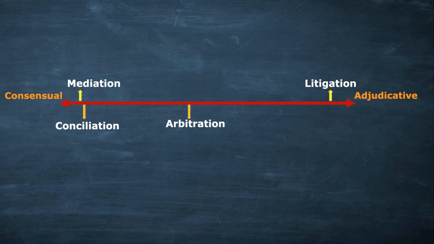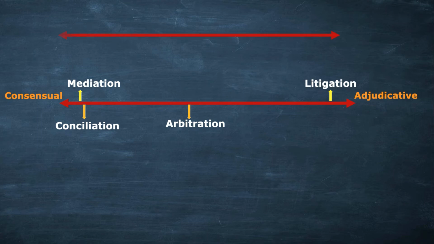Otherwise both are the same. So on this continuum, where one side is adjudication and the other is consensual, you can see where all these four terms fall. Now you won't have any confusion regarding this. You got the difference among all these four terms.